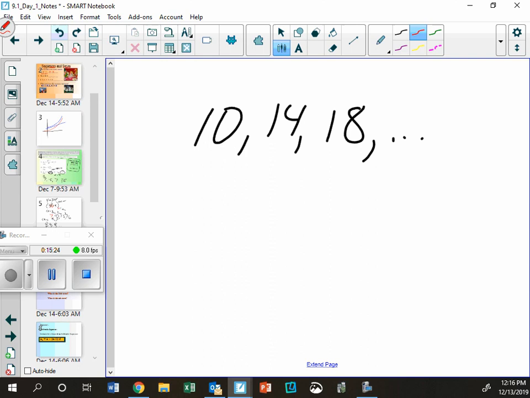If I wanted to get like 5 terms in, I could just keep adding 4, but there must be some smarter way to figure out the 5th term. Would you agree we're adding 4 each time? And that's called the common difference.